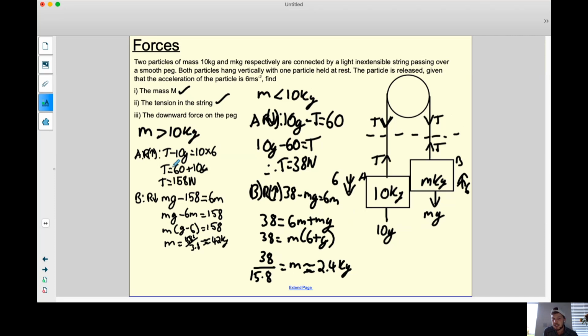In the system where the mass is greater than 10, where it's 42, the downward force would be equal to 2T, which would be 316 newtons. And in the system where the mass is less than 10, it'd be equal to 2T, but this time that would only be 76 newtons. And that is how we answer a question involving a missing mass.